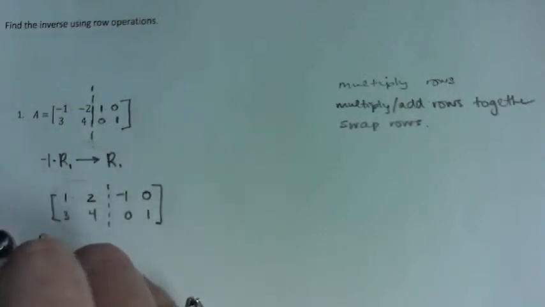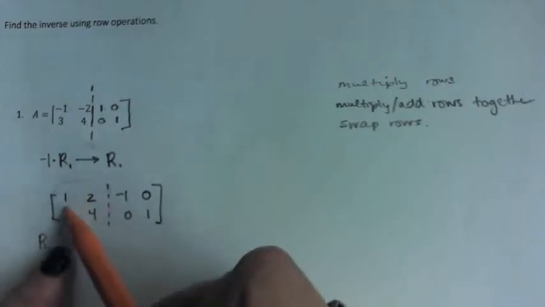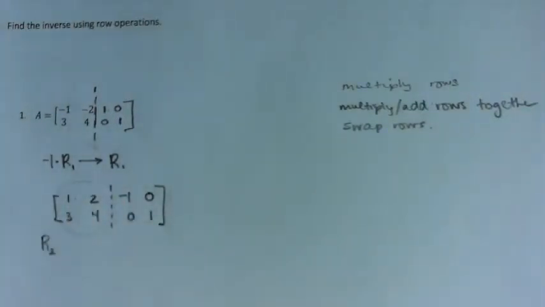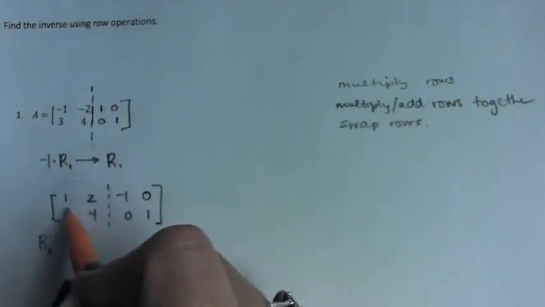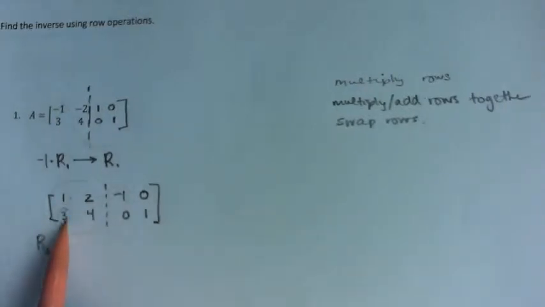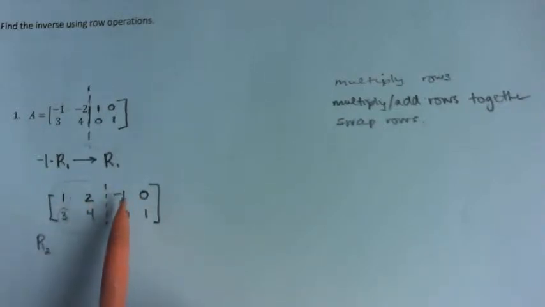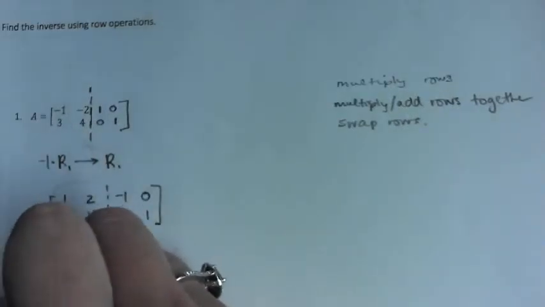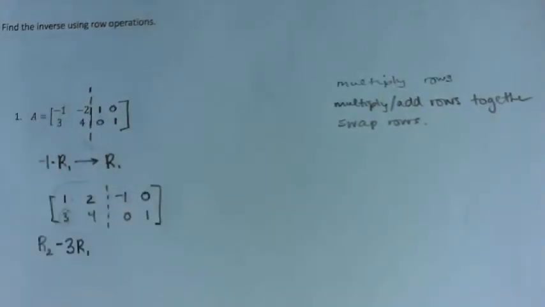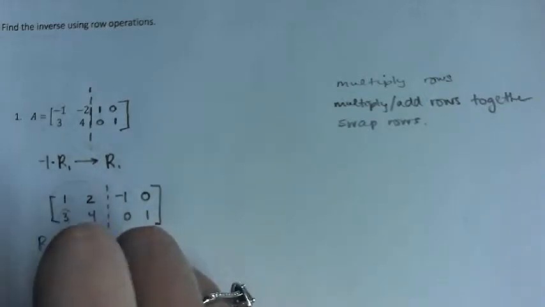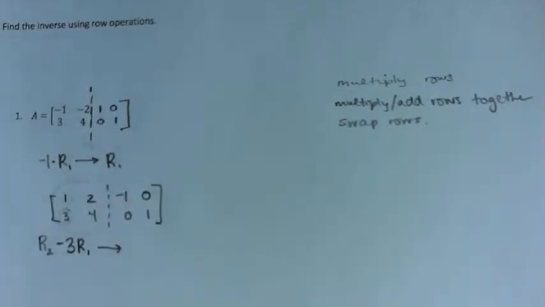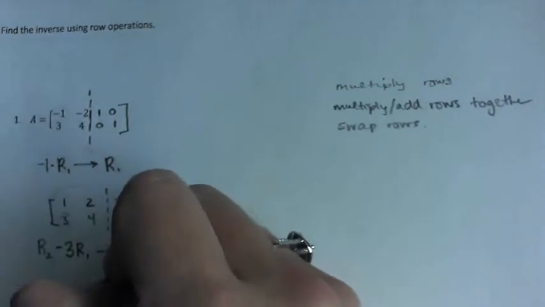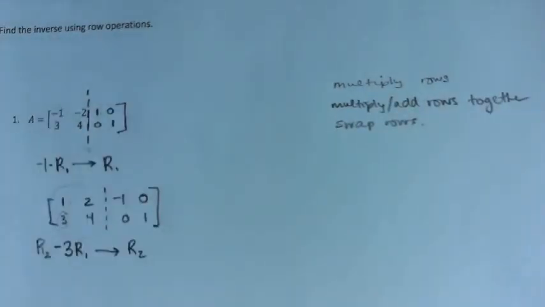When I add or subtract the rows, I need this to become a 0. In order for this to become a 0, I do have to subtract a 3, but I can't just subtract a number. I have to subtract or add a row times the number. So I'm going to subtract 3 times row 1. And that's going to become, and here's what I think is the most important point, my new row 2. I'm taking row 2 and I'm going to subtract 3 times row 1.